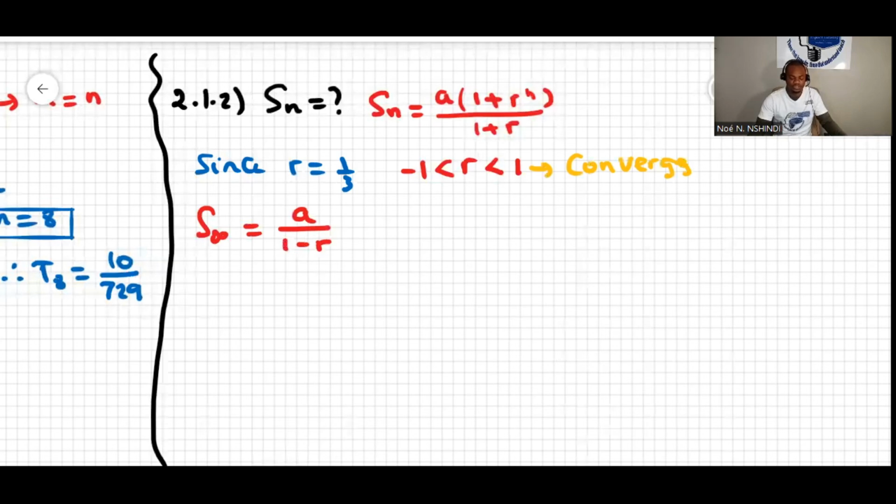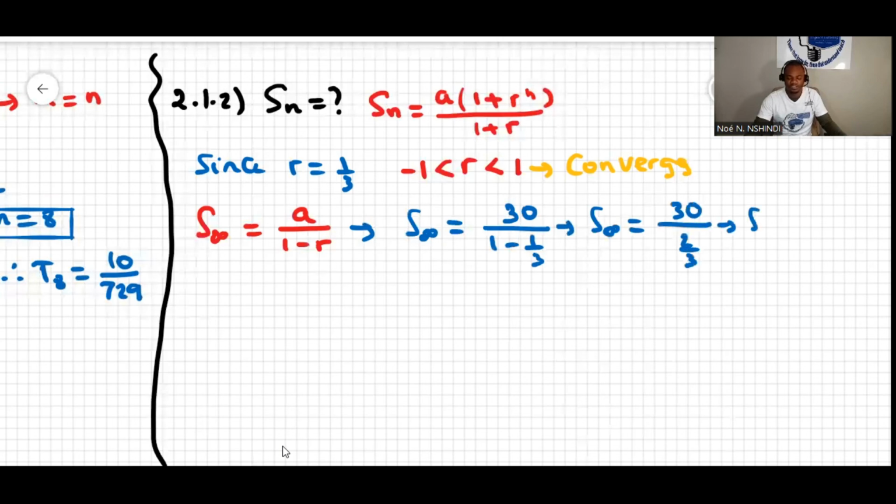So in this situation, S infinity will be equal to A, which is 30, the first term of the sequence, over 1 minus 1 over 3. Now, S infinity will be equal to 30 over 2 over 3. Well, it's going to be 30 times 3 over 2, and this is equal to 45.